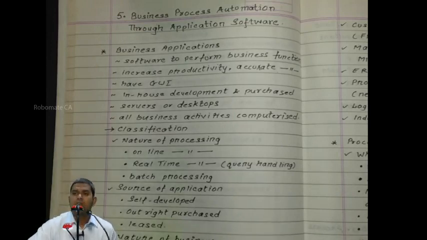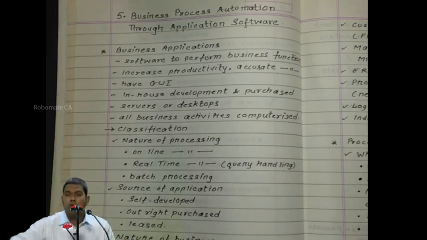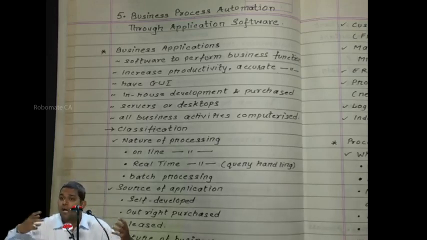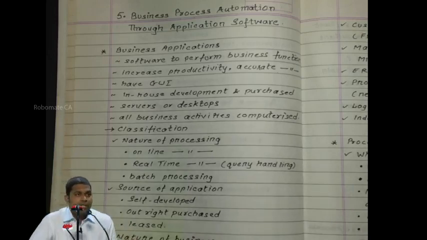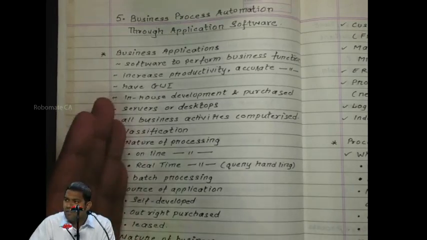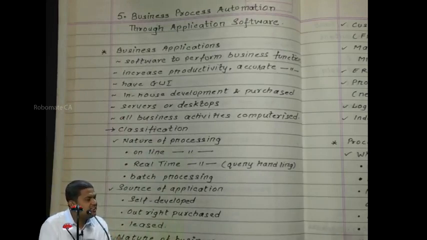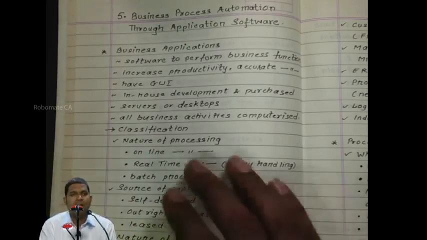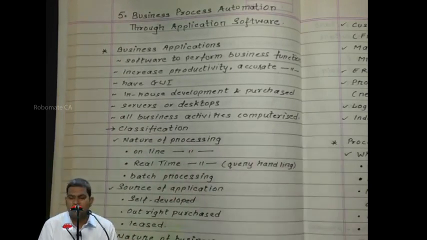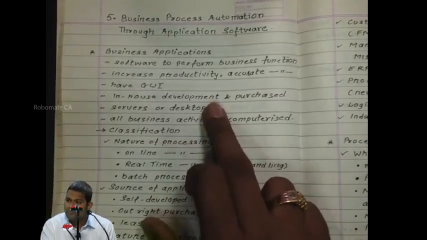Business applications can be of any quantum, can be of any type. It could be heavily processing programs, so obviously it has to be installed on the server. There could be such softwares which are just having an interaction between the user and the system. Such type of softwares will be installed on the client, on the terminal, on the workstation, in simple terms on the desktop.